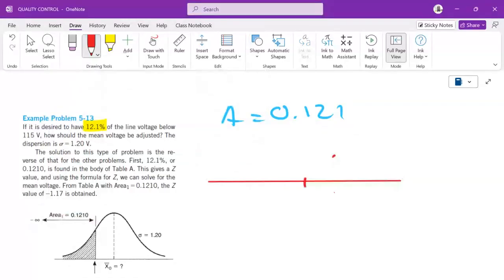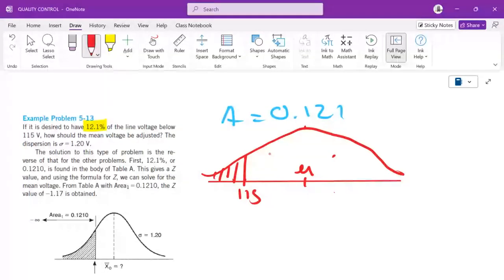Then we do not have the mean, but we have this one, which is 115, and our area below, and we have a standard deviation of 120.